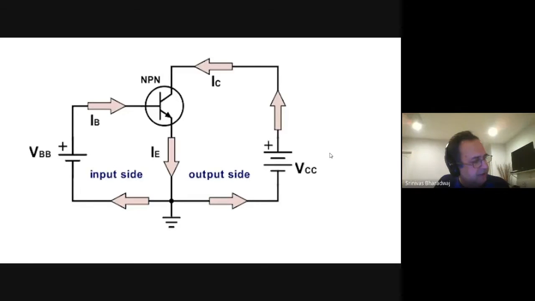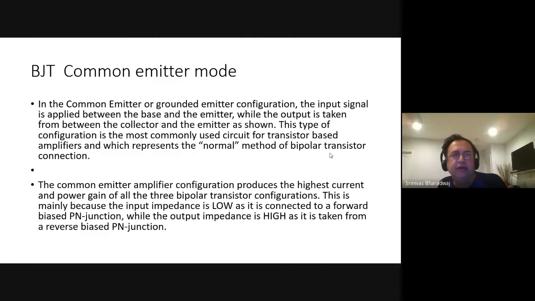I'm just going to wind down the work with transistors, notably bipolar transistors. This is the common emitter mode, BJT in a common emitter mode. The BJT in a common emitter mode acts as an amplifier. It's an amplifier configuration.